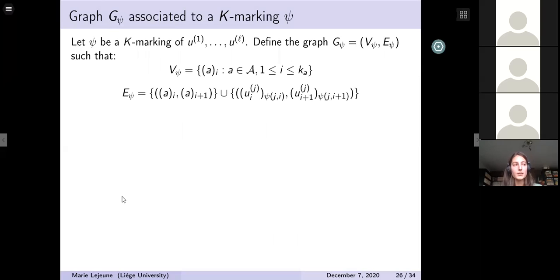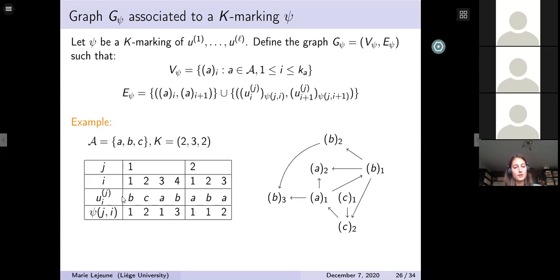Okay, so now let's combine these two definitions to take a K marking and define its associated graph. So I take the same K marking as before. This is my previous example, and I'm going to define a graph. Which graph? The vertices will be of this form, where I will have a letter of my alphabet and a number from 1 to Ka.